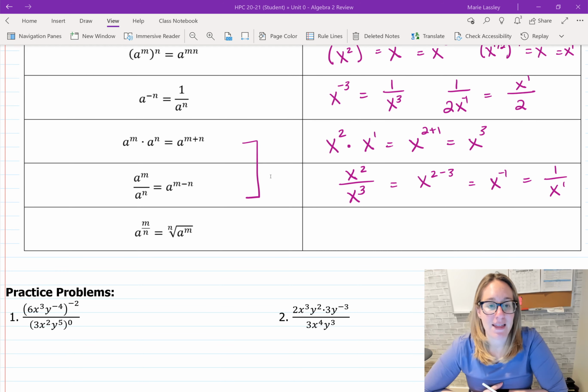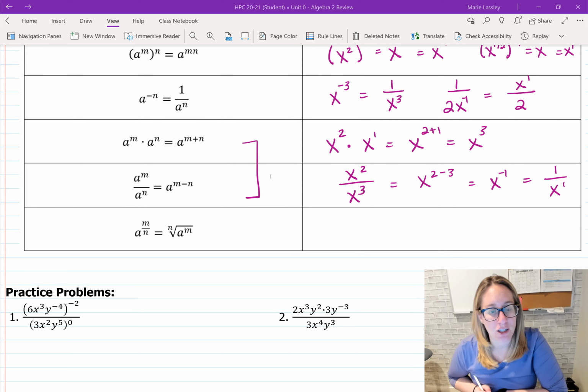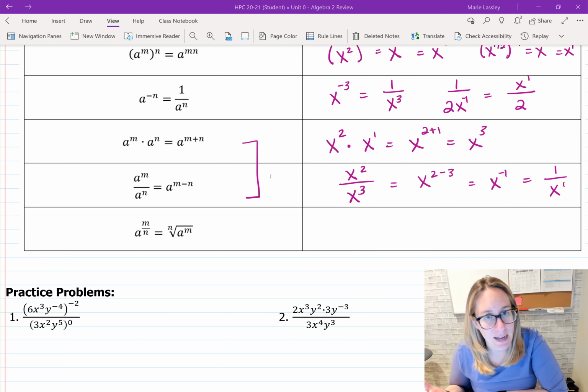Last but not least, we've already talked about this one if you've watched the simplifying radicals video, but when you have a fraction exponent, it actually means that you have a radical in your problem. Just for good measure, I'm going to show you what this one would look like in case you missed it in our last video.